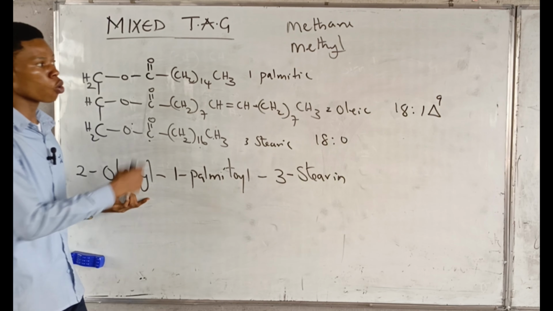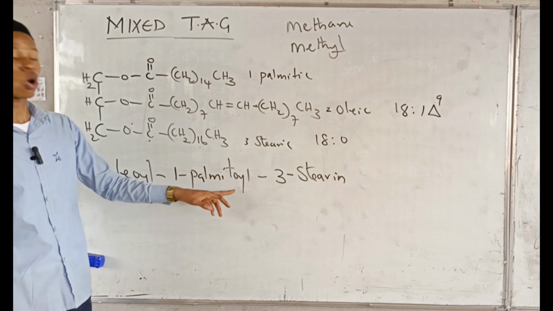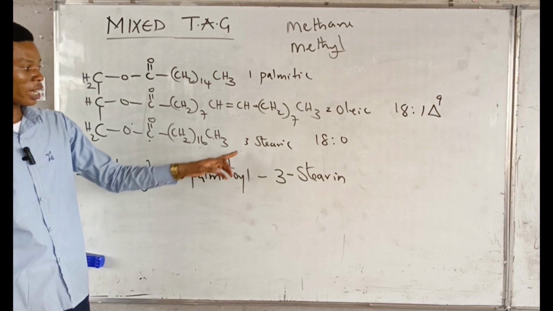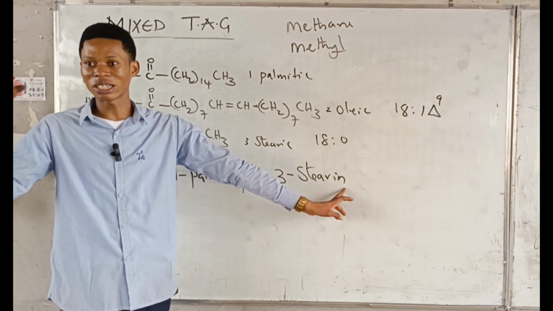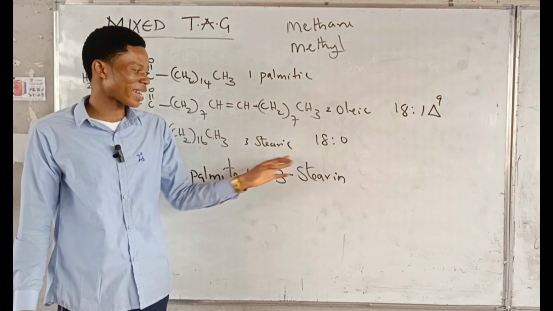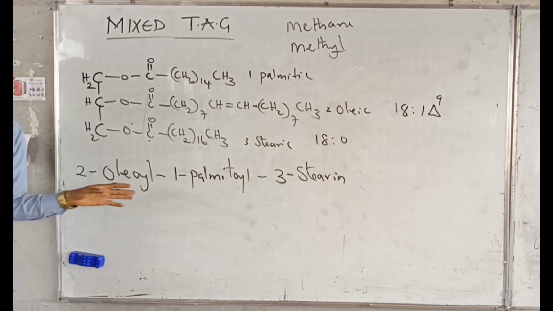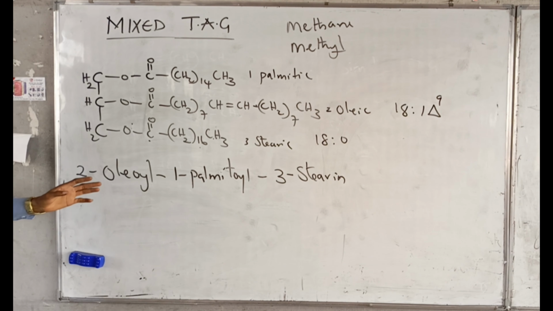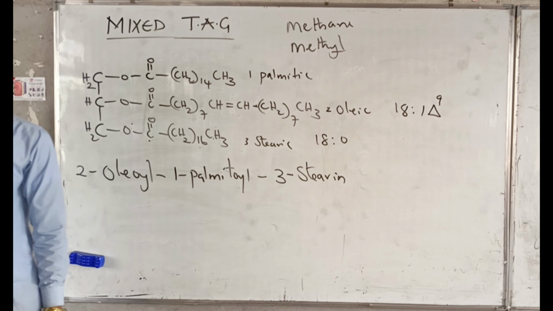Then the next one after O is P, and it's on carbon 1. So 1-palmitoyl, then 3-stearin. Remember, we're always ending the name with in. So instead of 3-stearic, 3-stearin. So this is the name. And it's a mixed triacylglycerol, because we have different fatty acids attached.